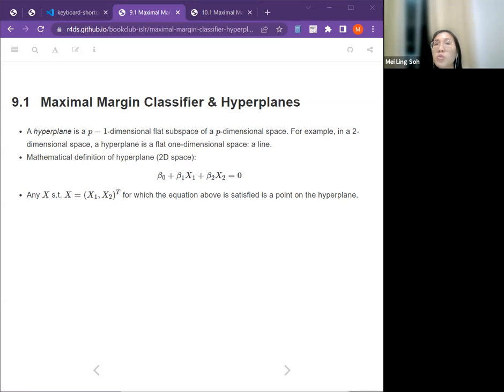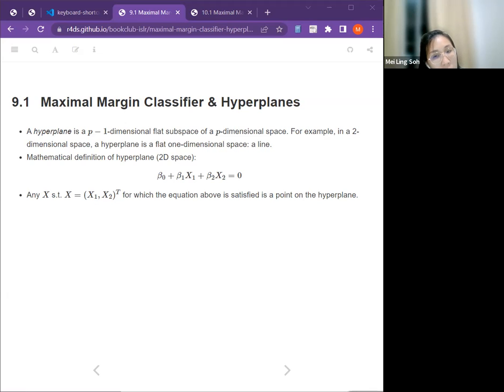But if you have two dimensions, let's say you have two variables, x1 and x2, then you still do not have a hyperplane. Your classifier will be more of a line. Then when you go up to three dimensions, let's say you have three variables, then you will have a hyperplane as a classifier.